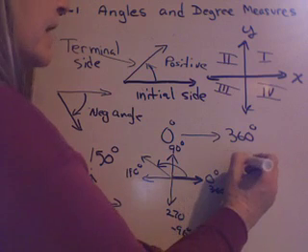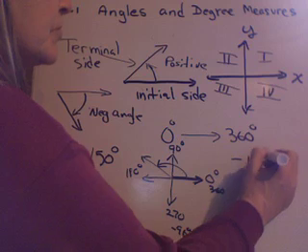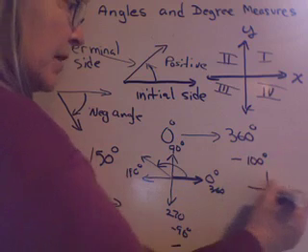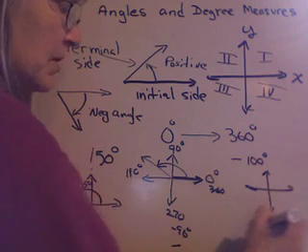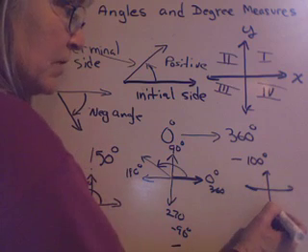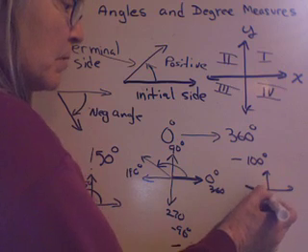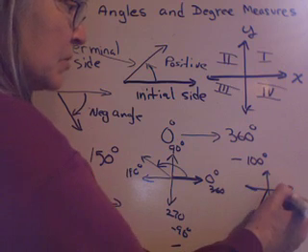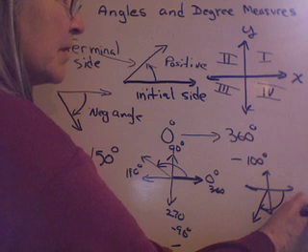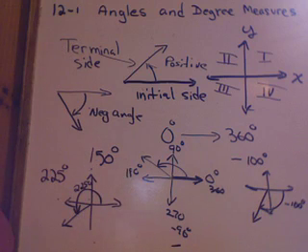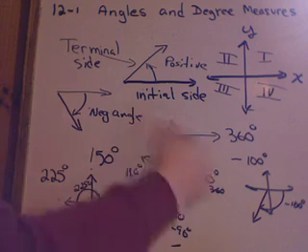Suppose I wanted negative 100 degrees. I draw my little grid. Now if I'm counting backwards, because I want to go on the negative side, if I stopped here I'd be at negative 90. I want to go a little bit past 90. So this angle would be negative 100 degrees. So you're going to be asked to sketch angles.